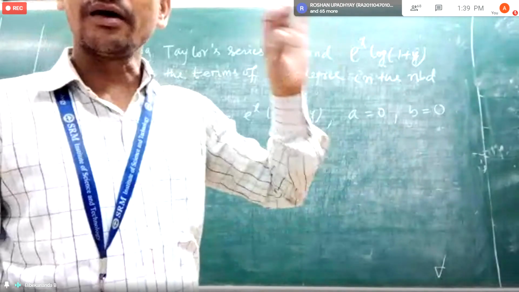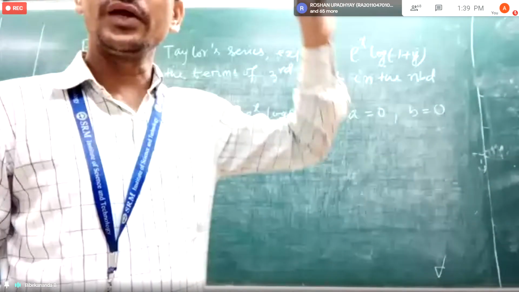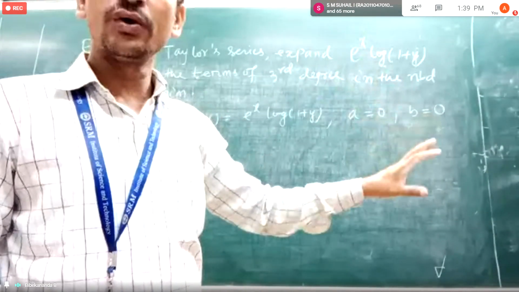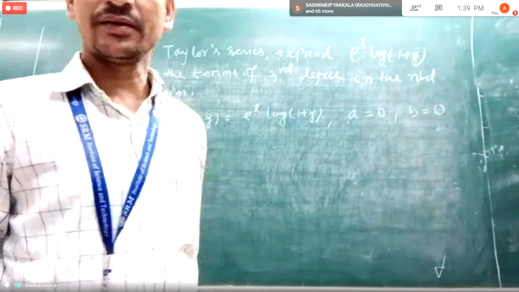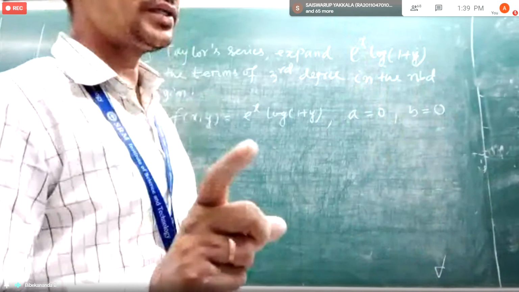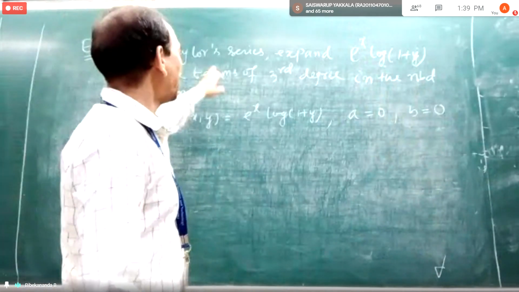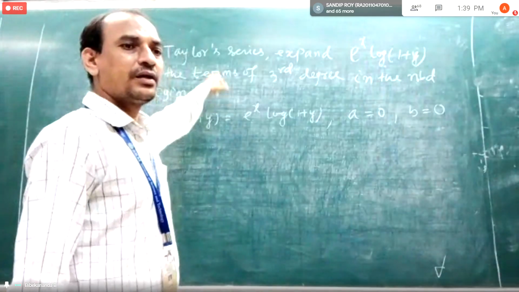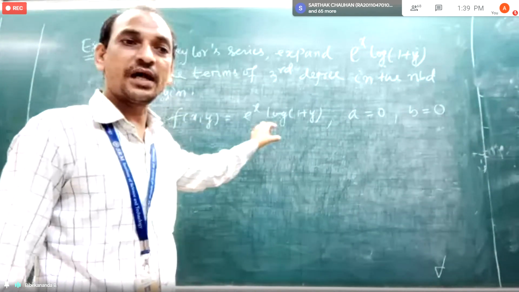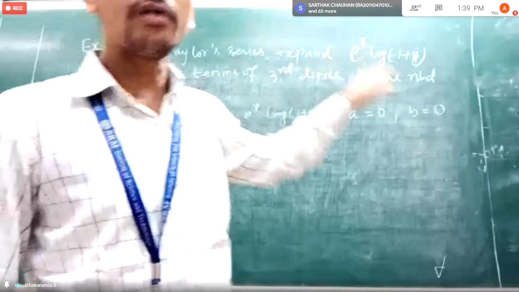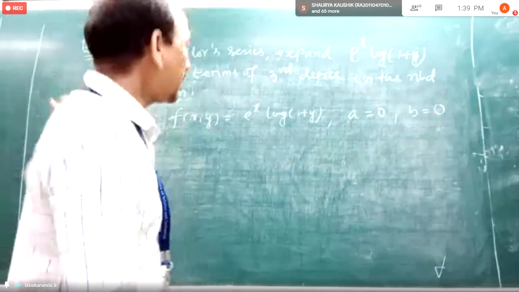So my advice is, after reading the question, you identify the given things, and immediately after that, whether it is Taylor series or Maclaurin series, you write down the formula.